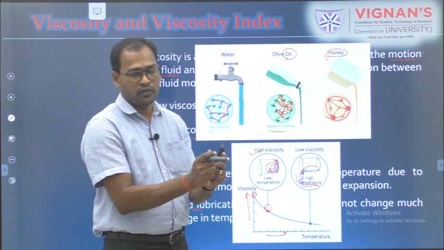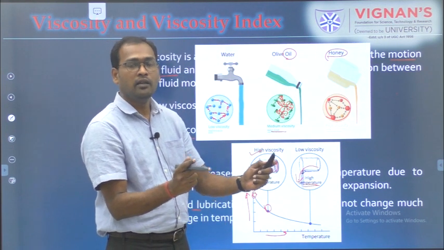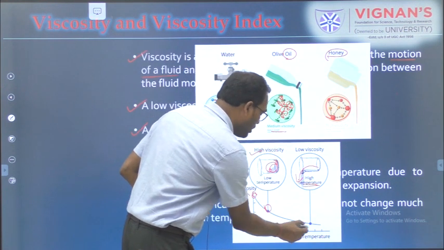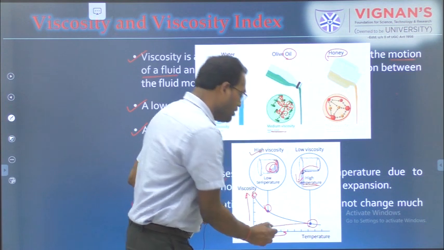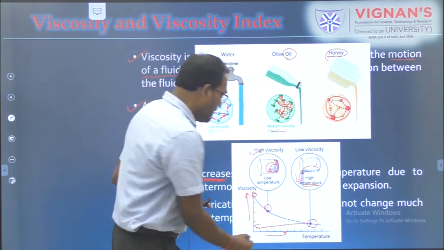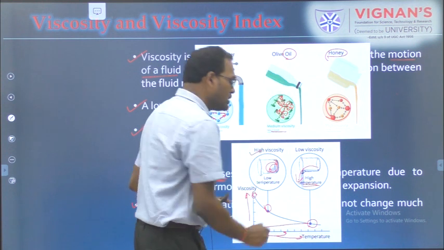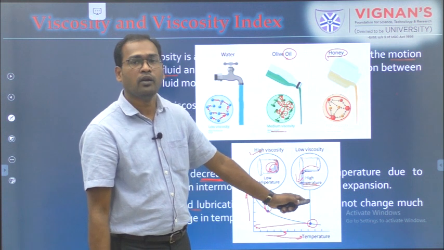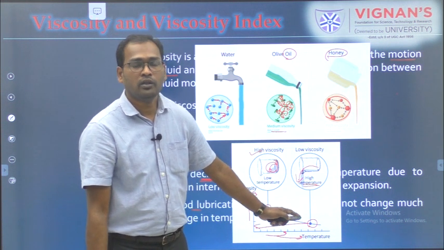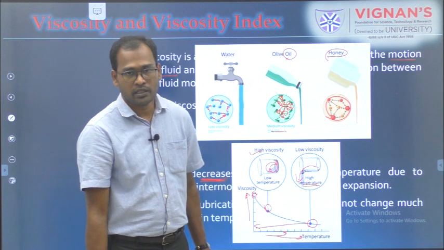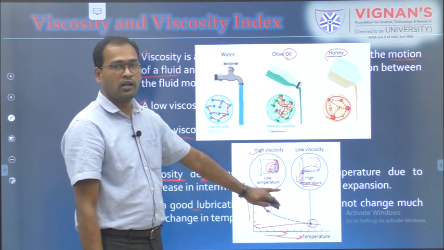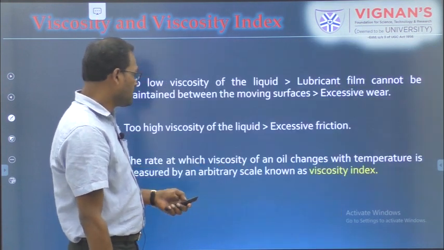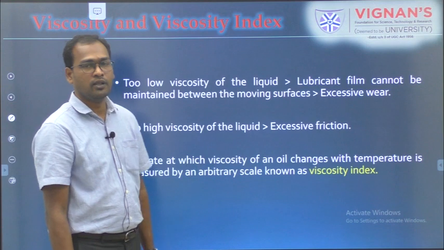The adhesive forces start breaking and the material starts flowing, thereby the viscosity also decreased. As the temperature increases, the viscosity decreases, and that decrease is because of the breaking up of the cohesive forces between the molecules when the temperature is increased. So, this is a pictorial representation of how it goes as a function of temperature. The next slide we can see this one.